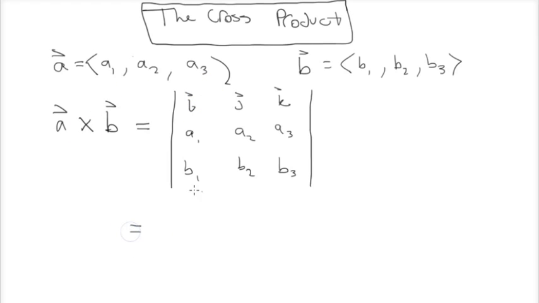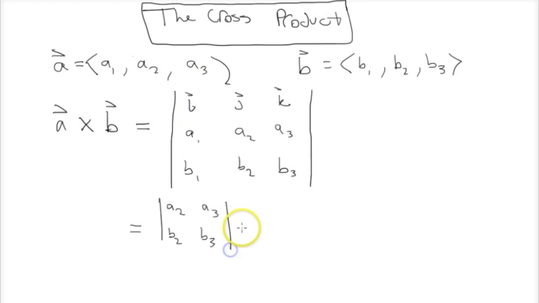So we can break this down. We isolate the i, and we look at the square that is adjacent to it, this square right here. We write out a 2x2 matrix, A2, A3, B2, B3, the square that the point touches. If you imagine these as all being squares, the point of this square touches the point of that little square.